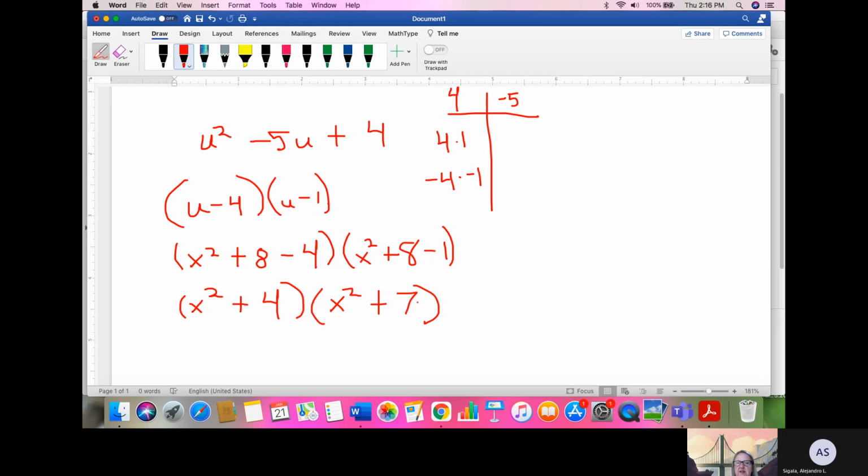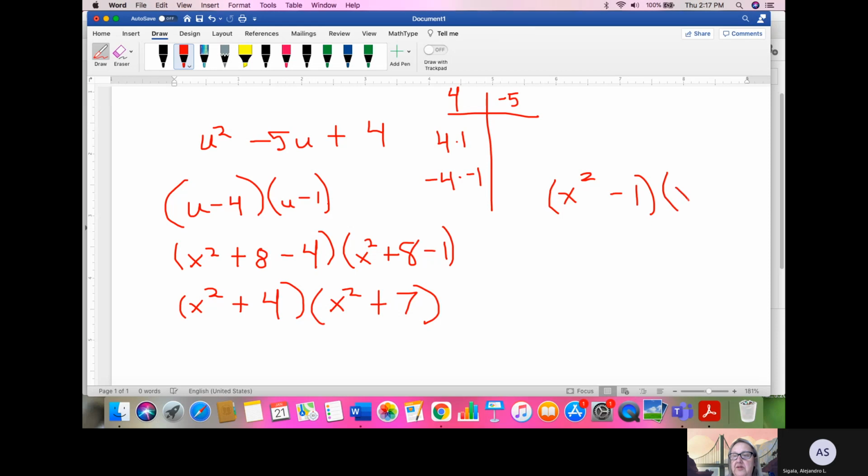So if you come up with the difference of two squares in both, then you have to go further. Like if you had x squared minus 9 times x squared minus 4, for example, then you would have to factor further. So let's do x squared minus 1 times x squared minus 9.